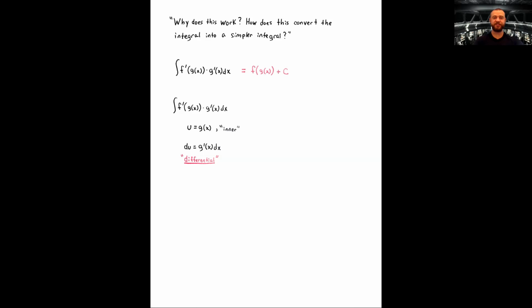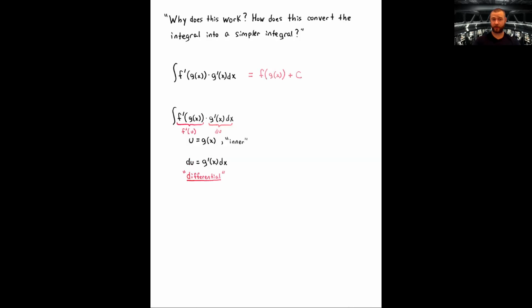Now, with these two pieces, your substitution u equals g of x and its differential du, we can rewrite our original complicated integral entirely in terms of our new variable u. f prime of g of x, we can replace the inner part with u. We can rewrite that as f prime of u.